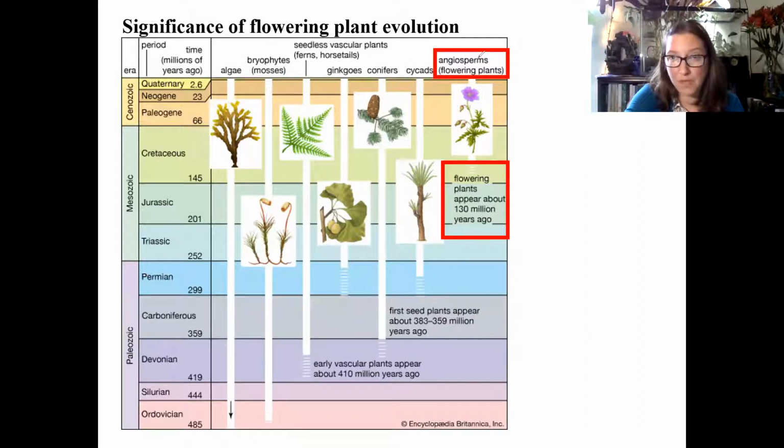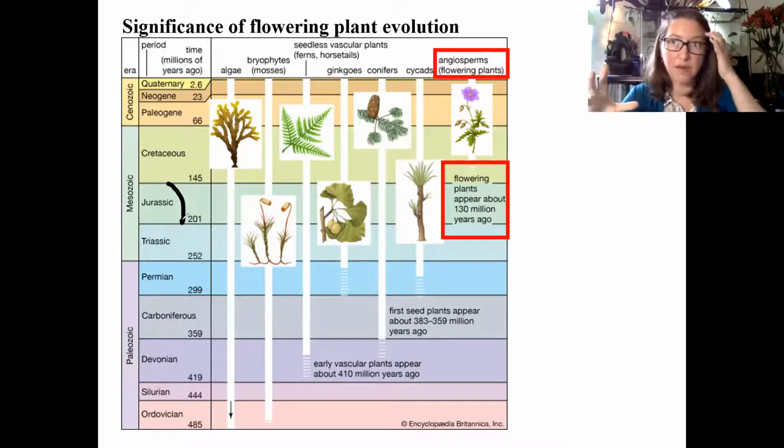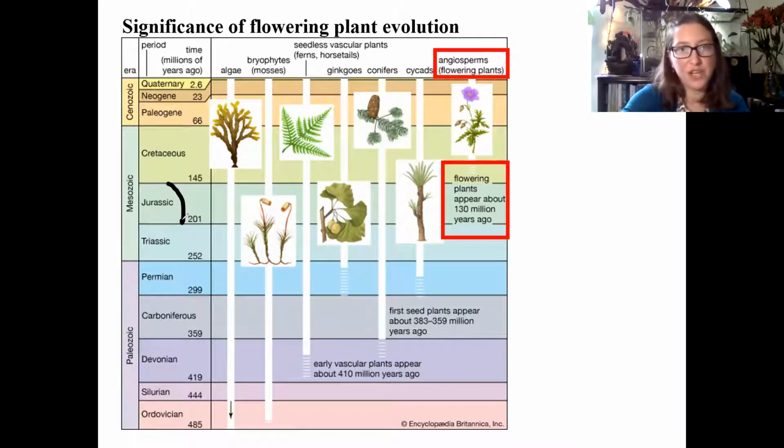But what's cool about that, the reason I'm pointing this out, is that we think of the Jurassic period as dinosaurs, but when things really started to get interesting and there was a lot of diversification of animals was in this Cretaceous period.